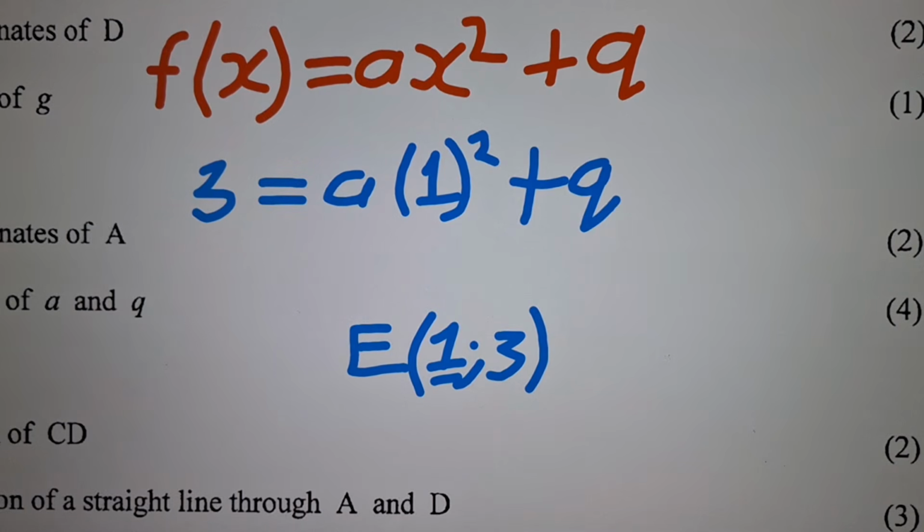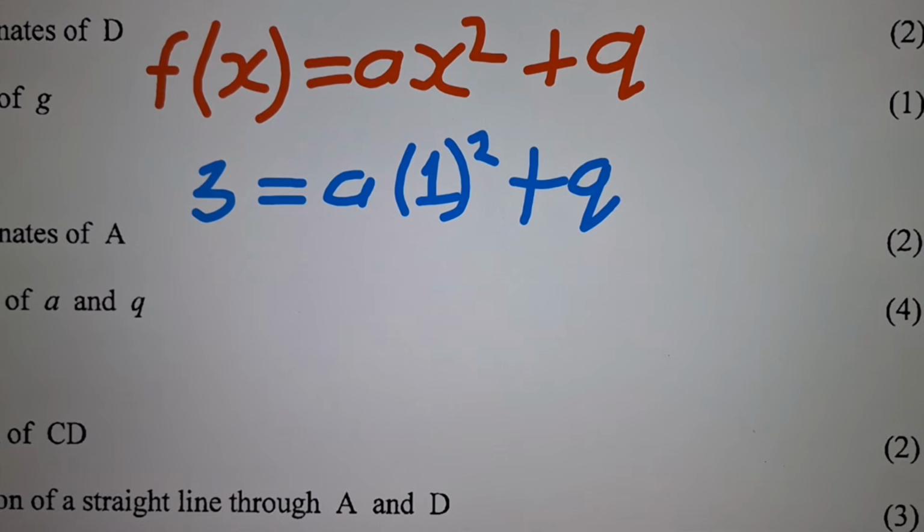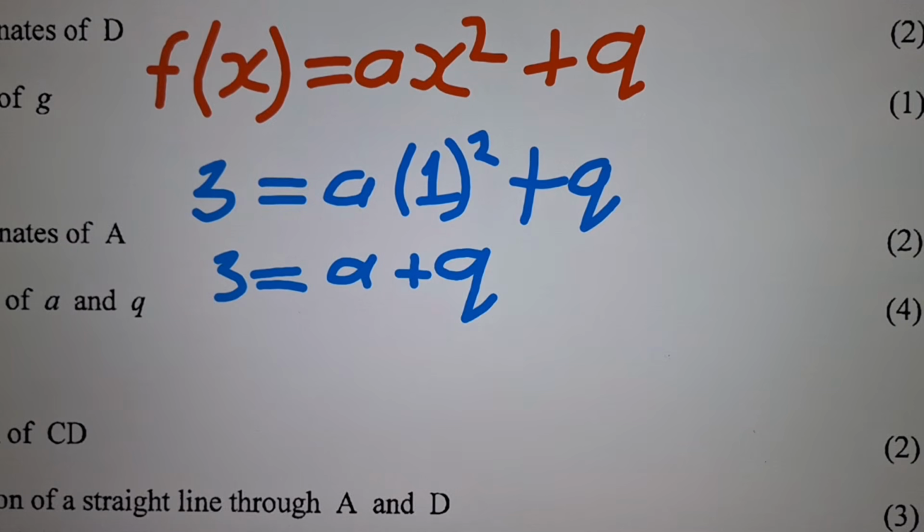Then we can simplify it further: 1 squared is equal to 1, then 1 times a is a. So 3 equals a plus q.